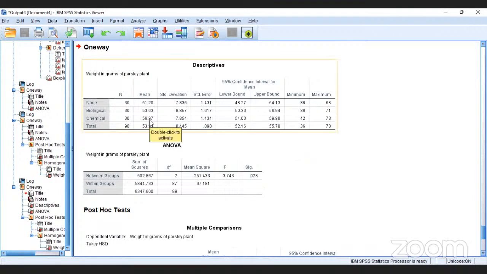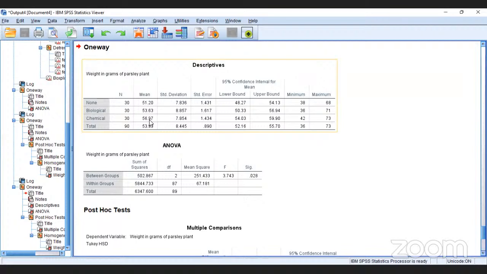The chemical, right? So what are we saying? The produce from the chemical fertilizer has the highest weight compared to biological and non-fertilizer. That's the first thing we're depicting.